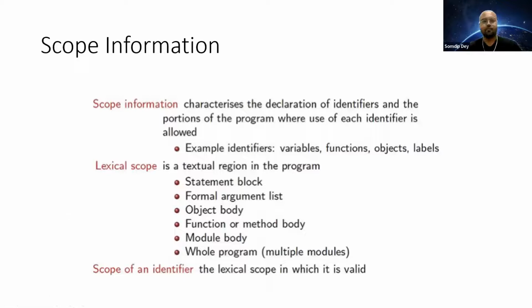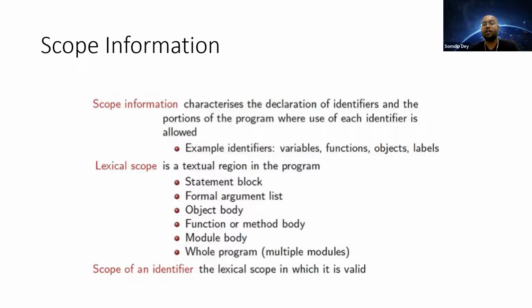Now, since I mentioned scope, let's talk about what scope information is. Scope information characterizes the declaration of identifiers and the portion of the program where use of each identifier is allowed.